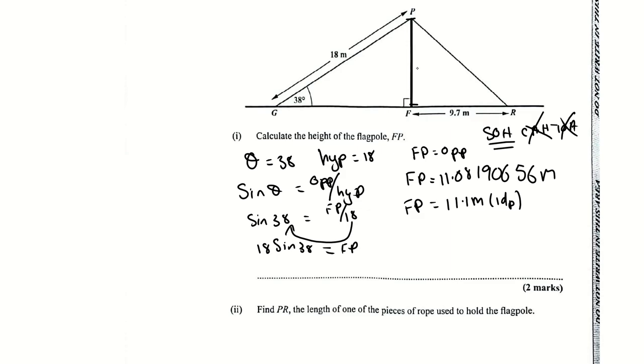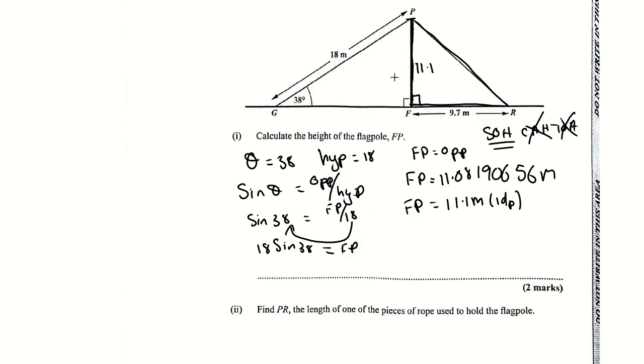So now I know that this here is 11.1. Right? This is 90 degrees. Find PR. What is PR, guys? If I'm looking at this triangle here, what is PR? My what?